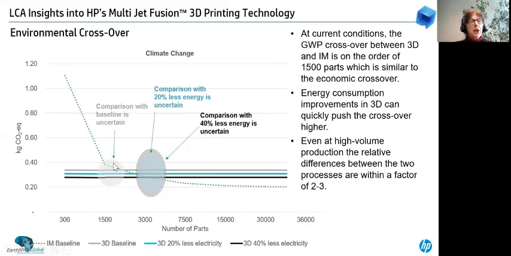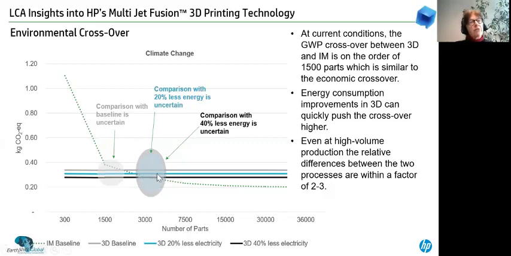You'll see in here a couple of fuzzy balls, 3 of them actually. That's where there is uncertainty. So here at the 1500 part level, there is uncertainty as to whether the 3D printing process at its baseline is uncertain in comparison with the injection molding.